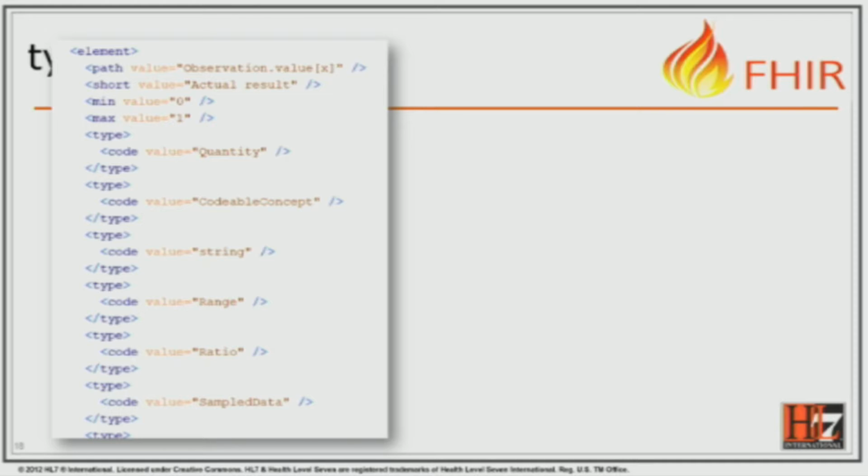Basically saying, any instance that's valid to my structure definition can only have quantities, because we're talking about, say, blood pressure. So a structure definition for blood pressure will most of the time erase all these types and just allow Quantity for observation.value.